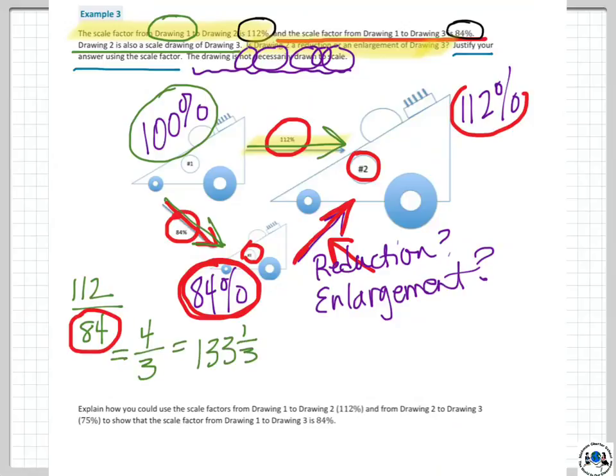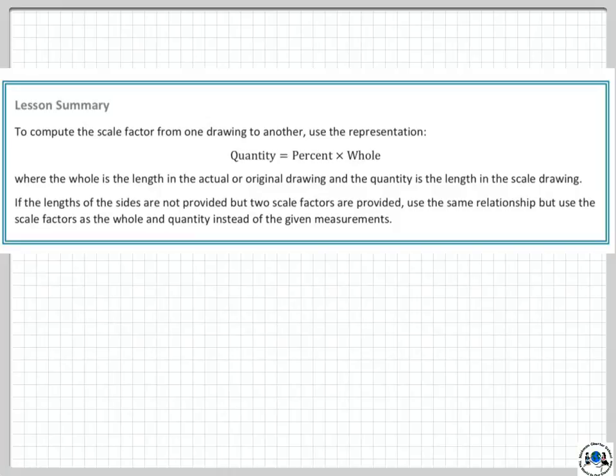Because if we figure this out, 4 over 3 is 133 1/3%, when we go from 3 to 2. And it is an enlargement, which we knew already by looking at it, but we can't assume anything because very often things in these binders and other worksheets are hardly ever truly to scale.